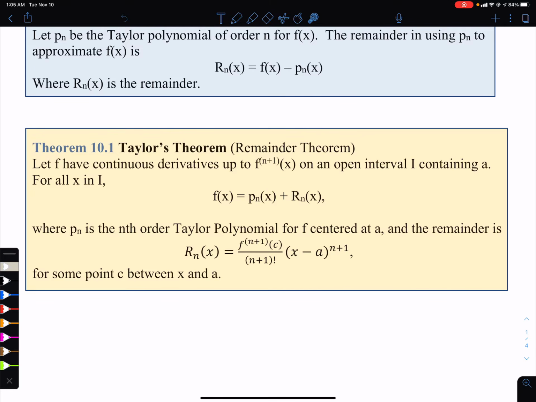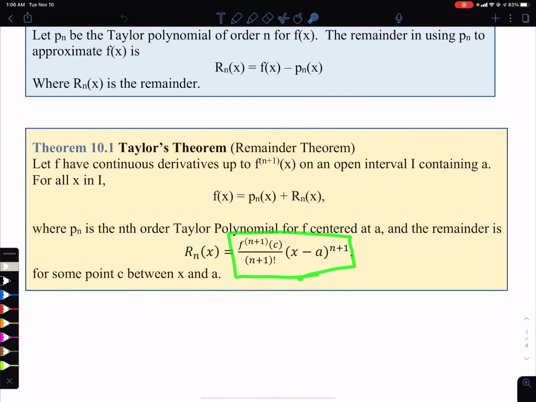And here's what Taylor's theorem says. You can actually find this error. Well, I'm not going to say you can find it, it exists. And that error is given by this expression, for some c between x and a. So we need to define these things. This should look very familiar.